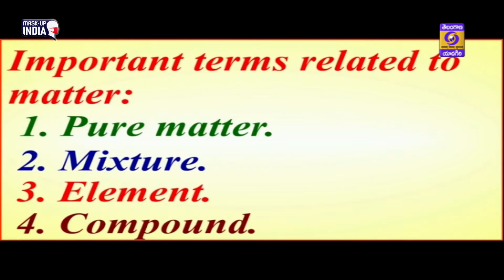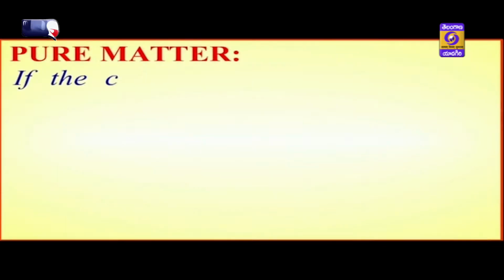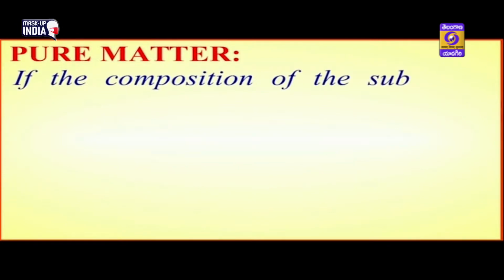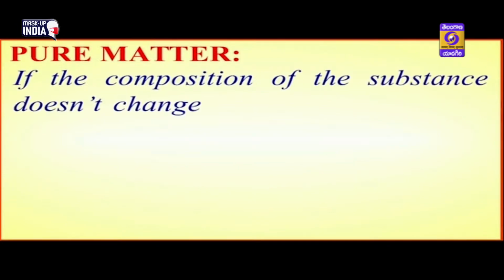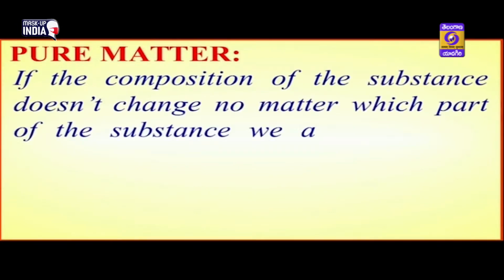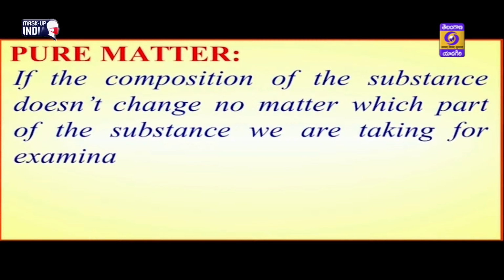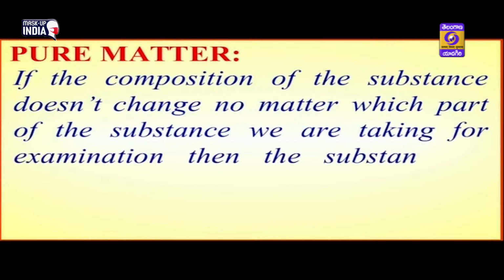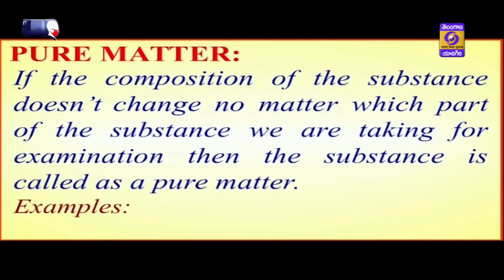Important terms related to matter. Pure matter. If the composition of the substance doesn't change, no matter which part of the substance we take for examination, then the substance is called pure matter.